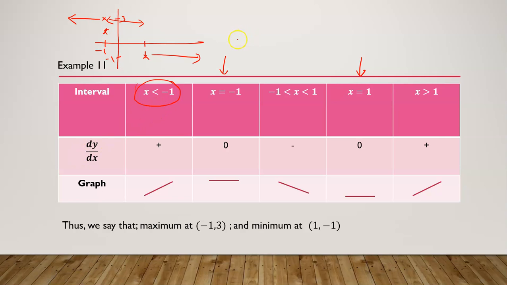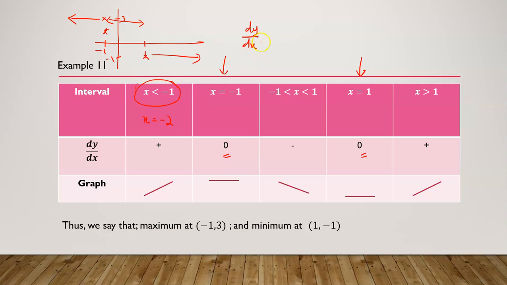So just now our dy over dx, at this point we already know it equals 0, so you just put in the value 0. For x less than negative 1, you can try x equals negative 2.